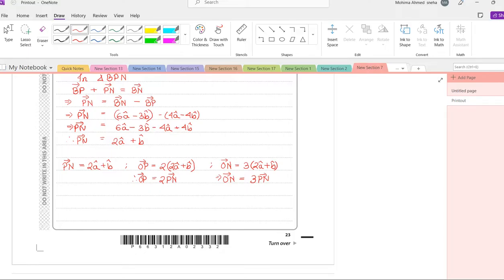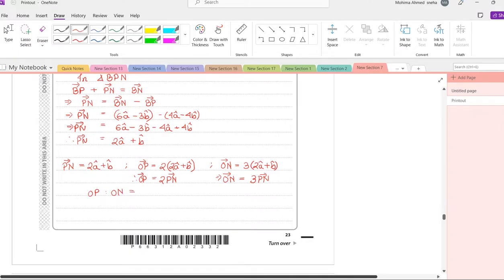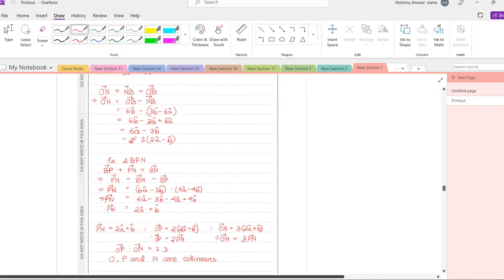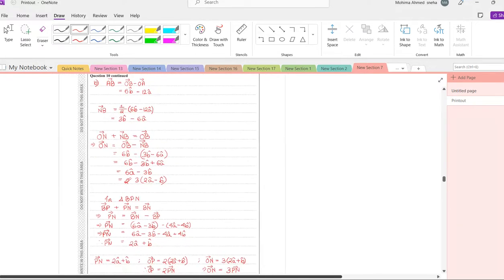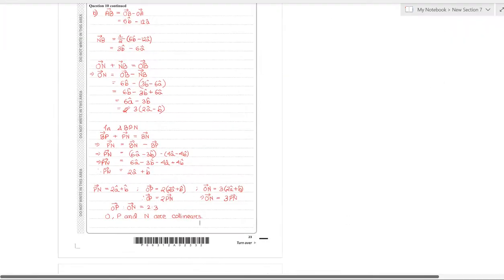And in order to prove that O, P and N are collinear, we need to just find the ratio of it, that OP to ON is 2:3, right? So we can just write OP is to ON is 2:3. And now we can finally say O, P and N are actually collinear. So with this, our question 10b ends. I hope question 10b was clear enough for you all to understand. So this was the entire calculation for question 10b.